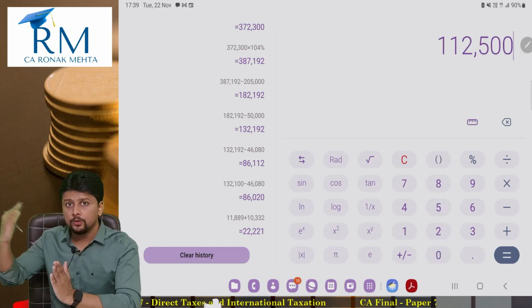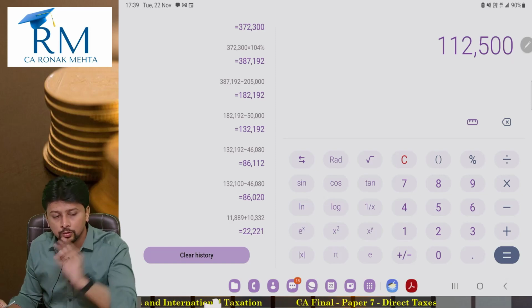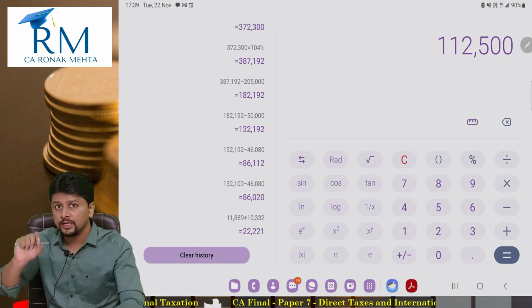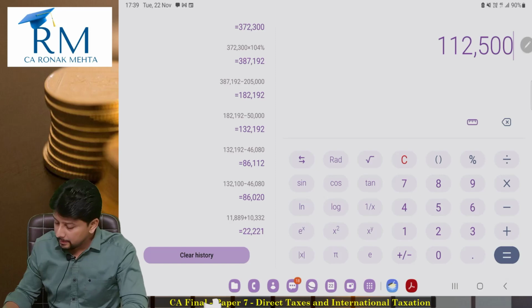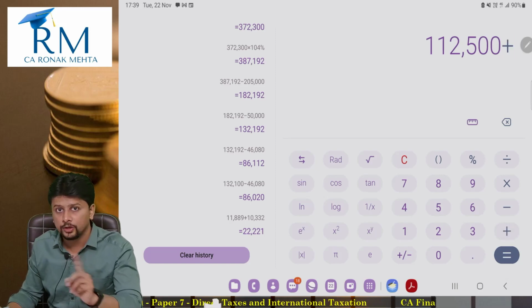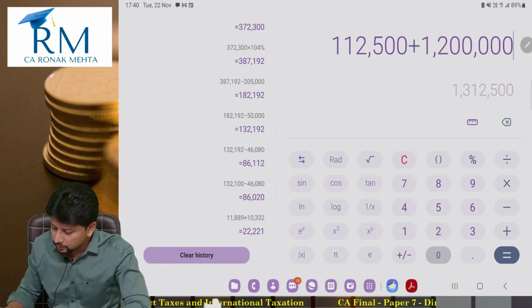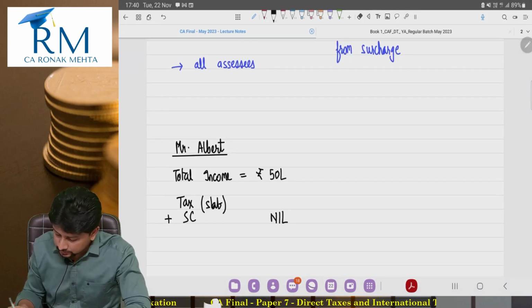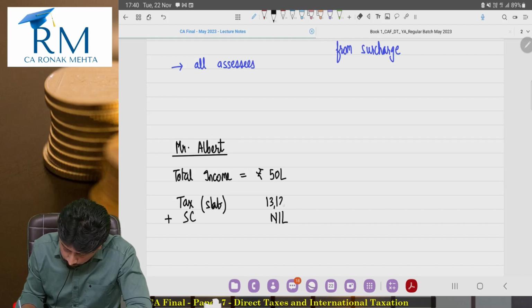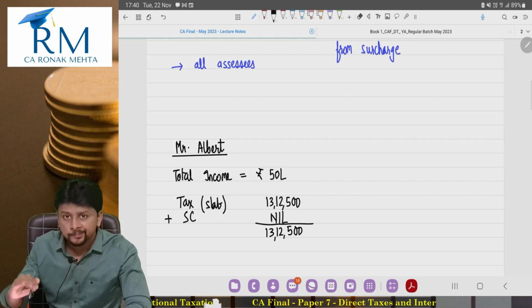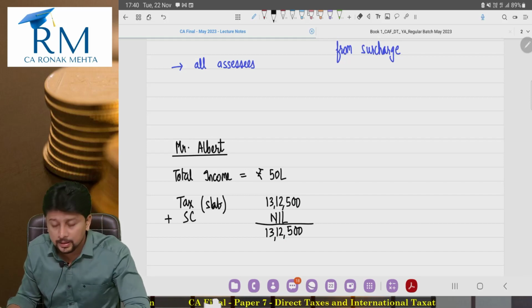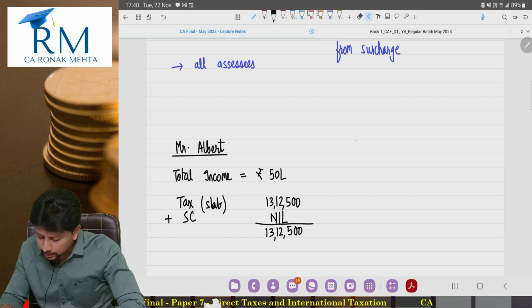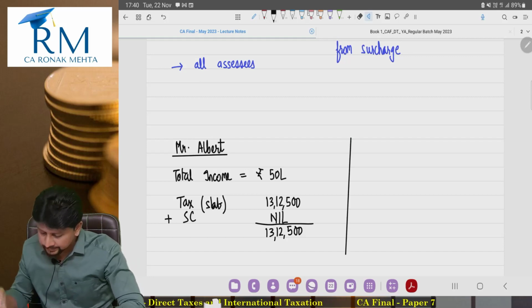Then anything above 10 lakhs is taxed at 30%. So from 10 lakhs to 50 lakhs, on that 40 lakh rupees, he will be paying tax at the rate of 30%. So 30% of 40 lakhs is going to be 12 lakhs. So his tax is going to be 13,12,500. No surcharge applicable. This is going to be his tax liability. Of course, health and education cess is also payable, but currently I am not getting into health and education cess.